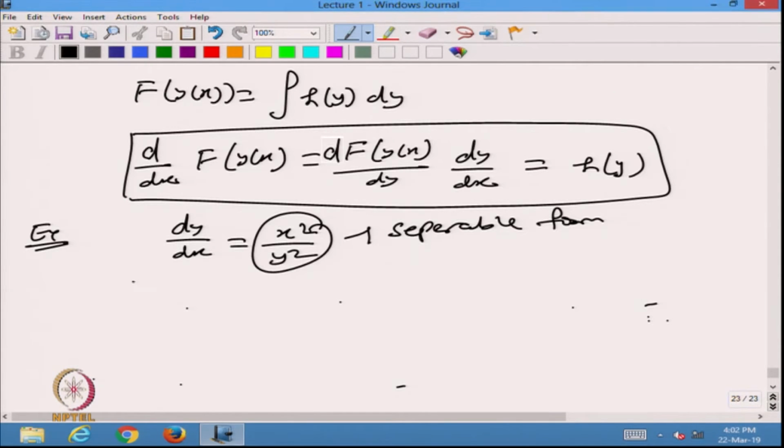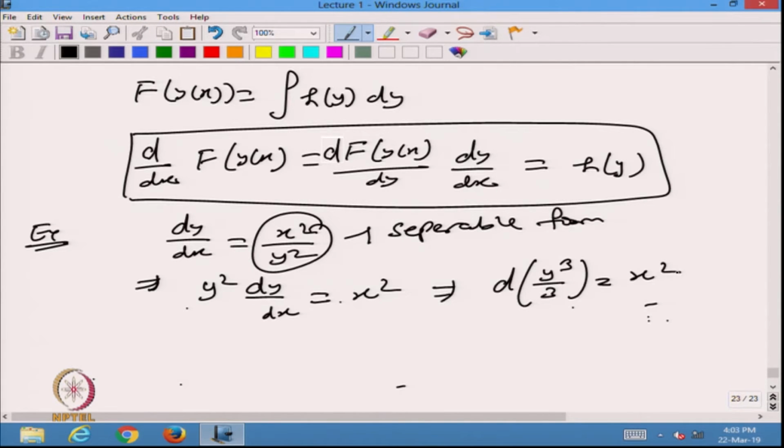Now, I can multiply both sides by y square. So, I get y square dy by dx is equal to x square. Now, this can be written as d by dx of y cube by 3 is equal to x square.